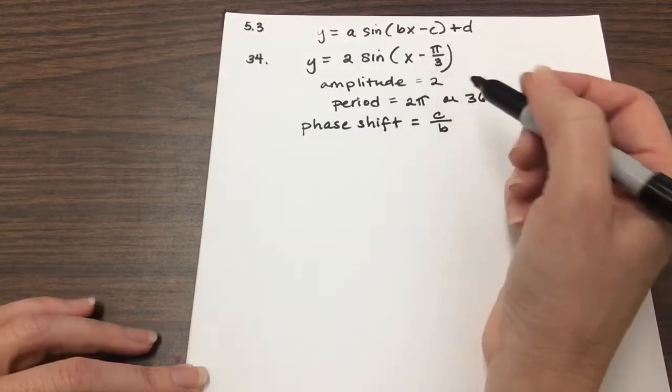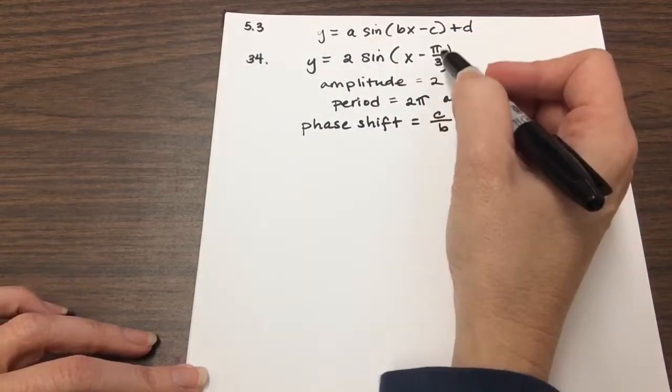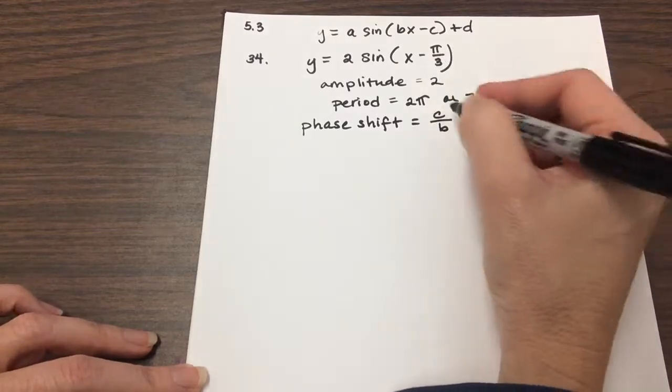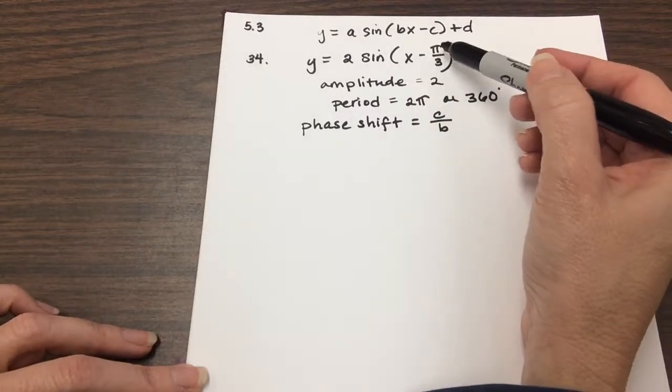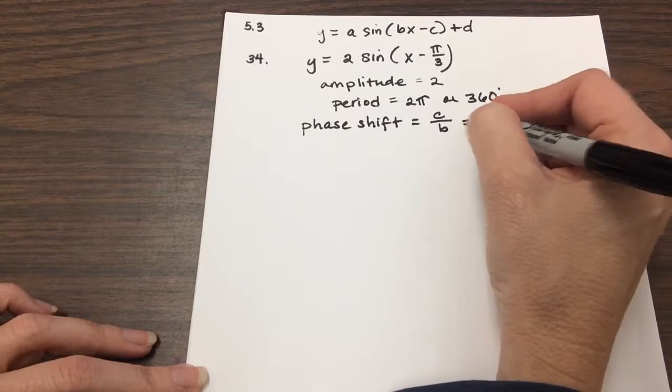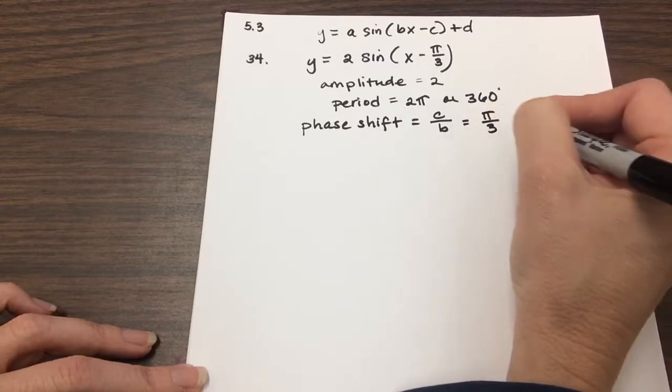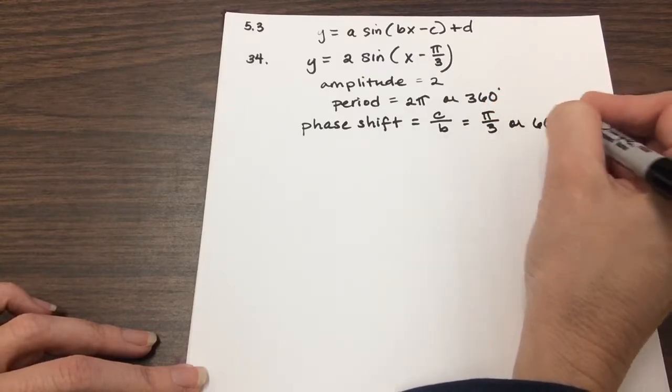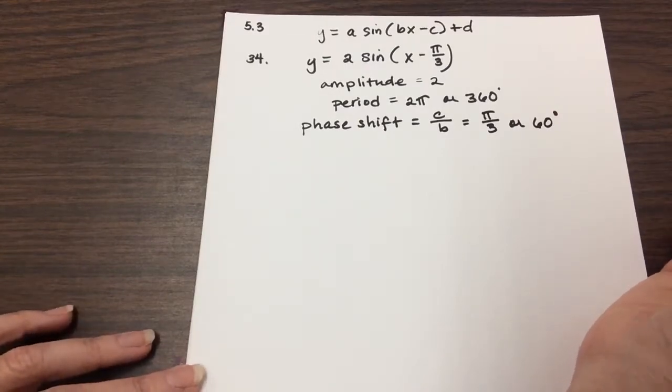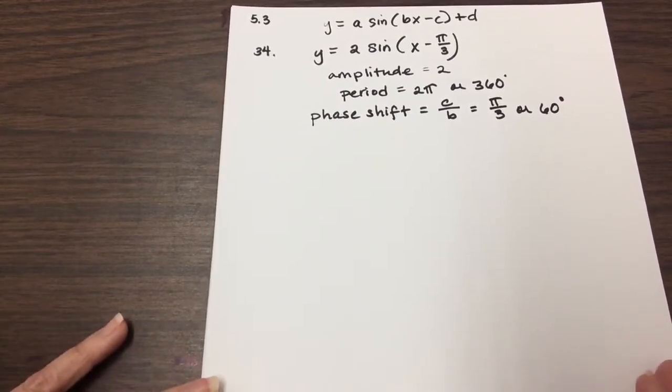What would x be? Well, if you added pi over 3, x would equal pi over 3, and that's exactly what that is. It's going to be pi over 3 over 1, or pi over 3, or we could say 60 degrees.